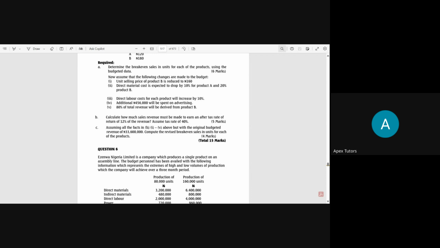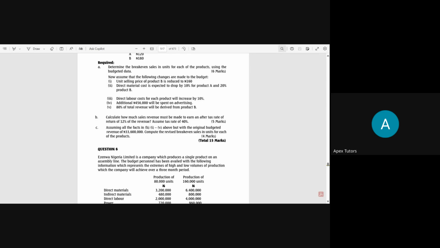And for product B, likewise, it is to be reduced by 20%. Originally it costs 5,040. 20% of 5,040 is 1,008. When you less 1,008 from 5,040, you have 4,032.